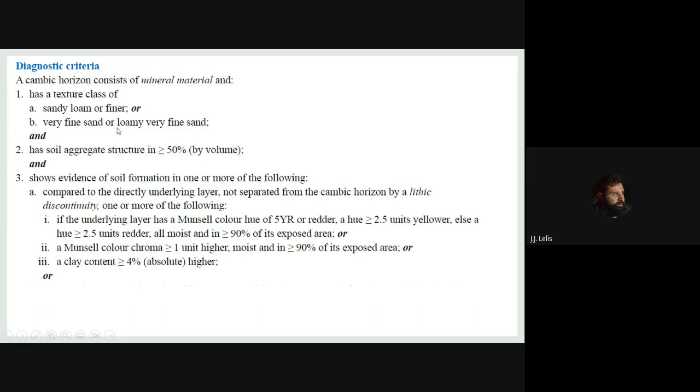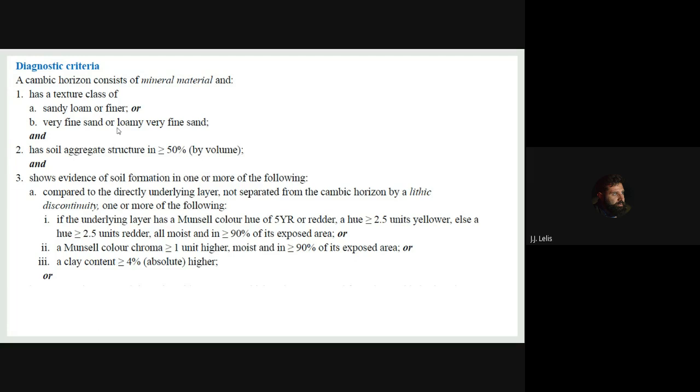If we have a parent material that possesses a lot of quartz, for example quartzite, we could produce a sandy cambic horizon.